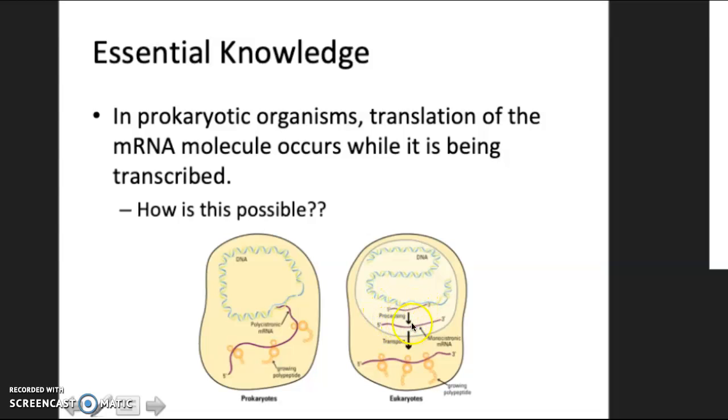We have the processing that takes place with the poly A tail and the cap on the front of the protein, and the removal of the introns, and then the exons are released from the nucleus, and then once they enter the cytoplasm, the ribosomes are able to translate the message. So the reason prokaryotes can do both at the same time is because there's no nucleus, so as soon as that messenger RNA starts developing, it can be read and translated.